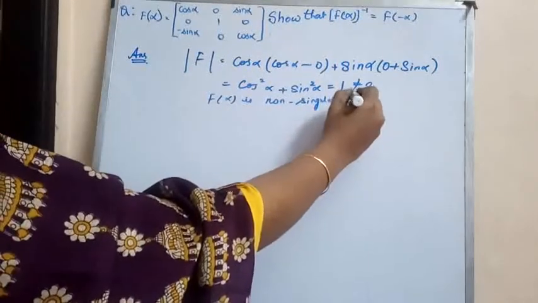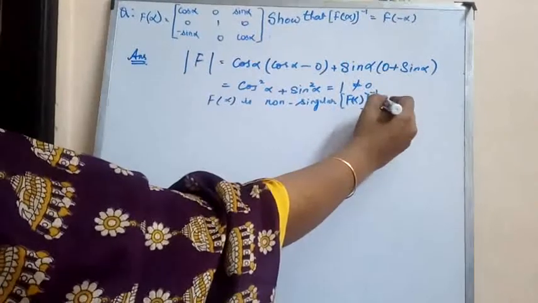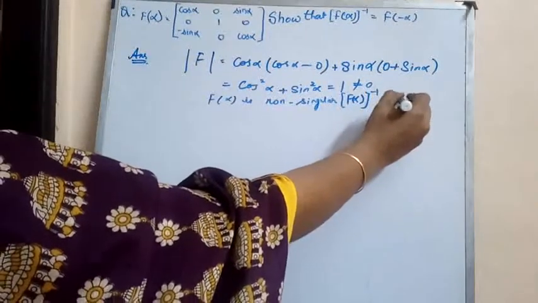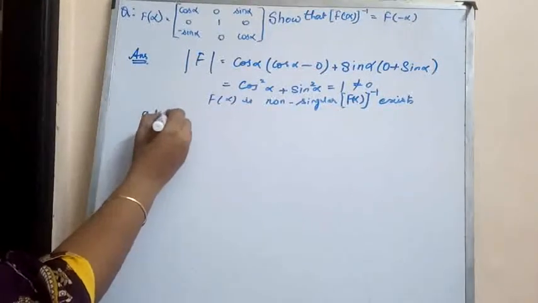So f of alpha whole inverse exists. So now we have to find adjoint of f of alpha.